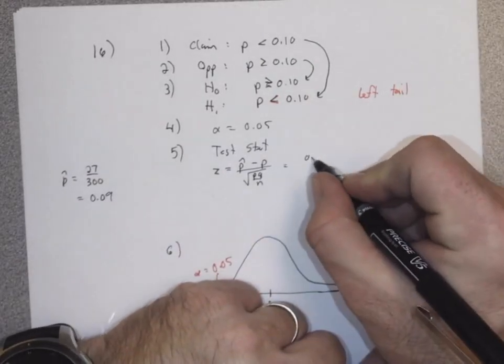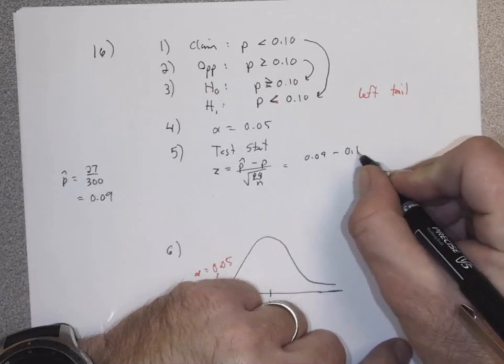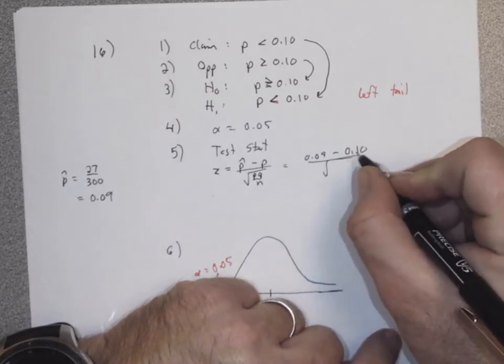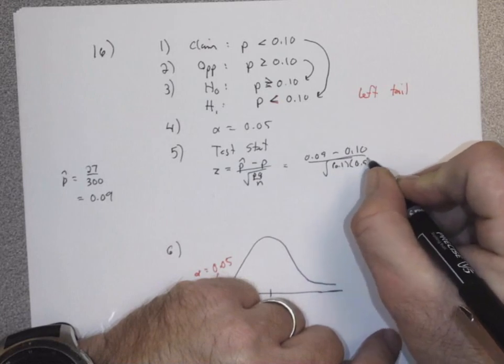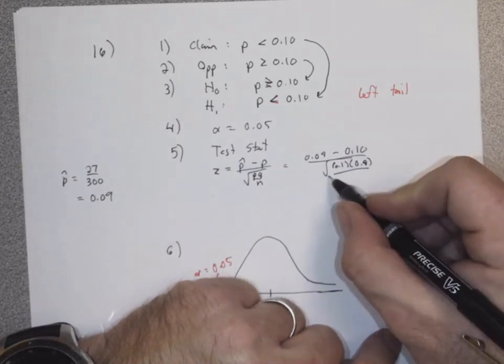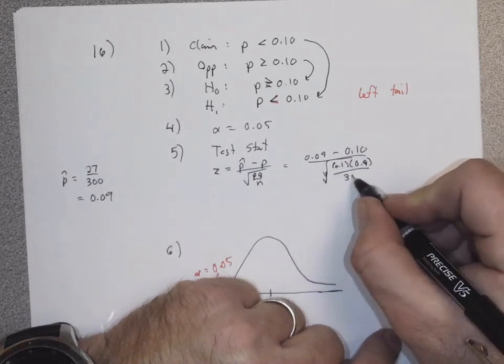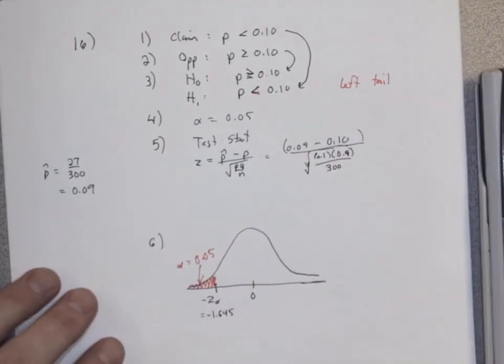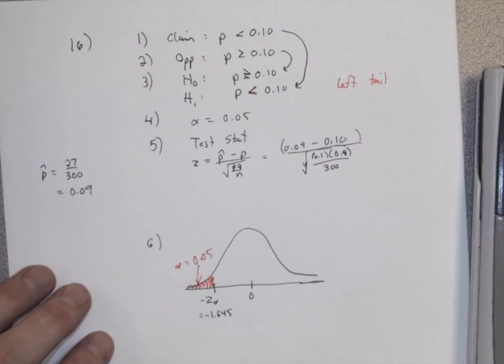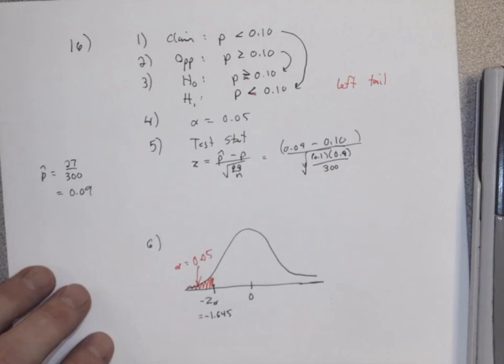So this is going to be equal to 0.09 minus 0.10, all divided by the square root of, remember this comes from the claim, 0.1 times 0.9, all over 300. Again, don't forget parentheses up here. So I have 0.09 minus 0.1 divided by the square root of 0.1 times 0.9 divided by 300.